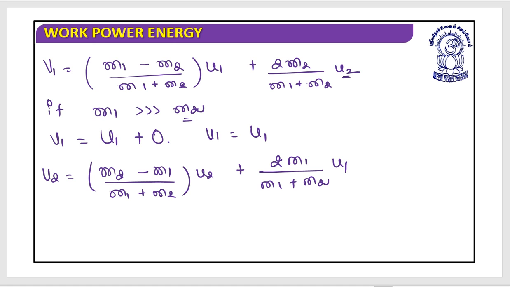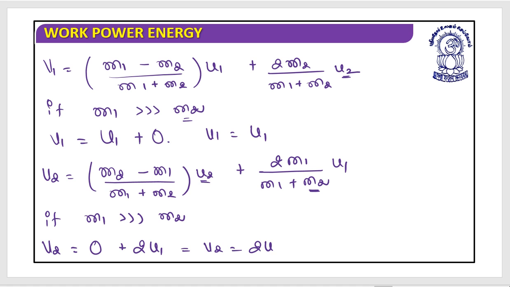If m1 is much greater than m2, then v2 can be written as follows. The second object was initially at rest, so that term is 0, plus 2m1 divided by m1, because m2 is negligible, into u1. So v2 equals 2u1, and v1 equals u1.